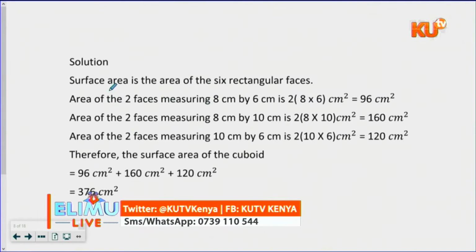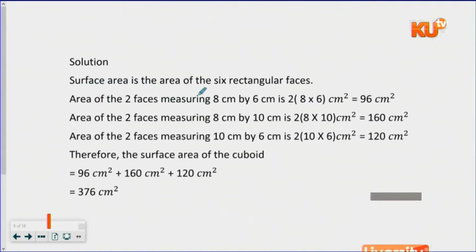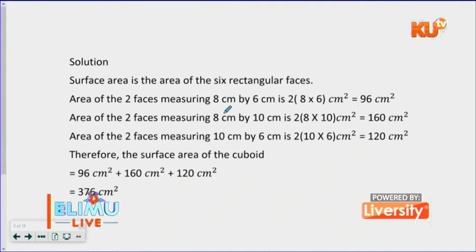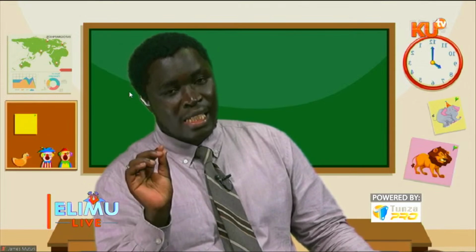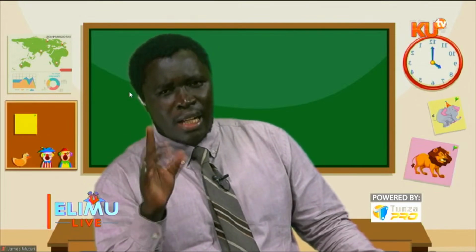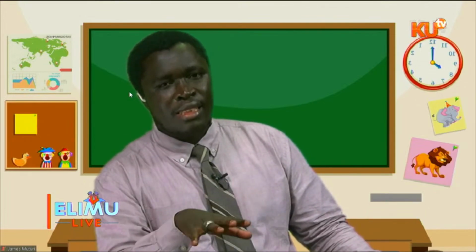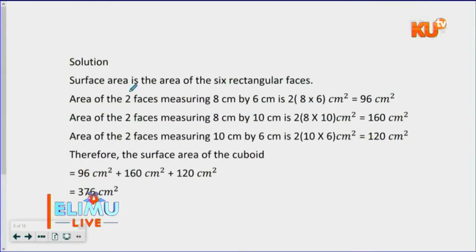We'll get the surface area of the 6 rectangles. Remember, a cuboid is made up of 6 faces. All these 6 faces of a cuboid are rectangular in shape.